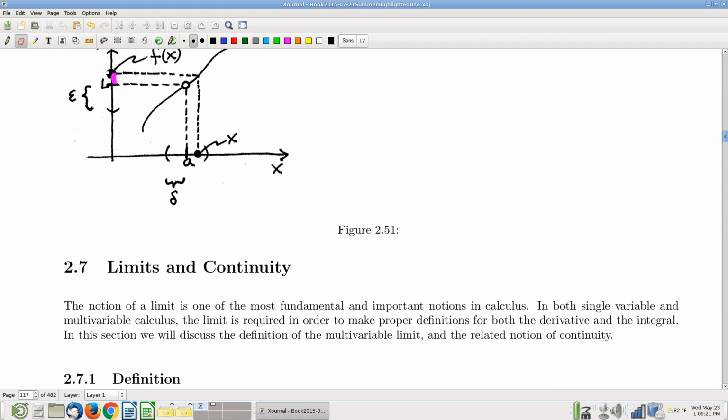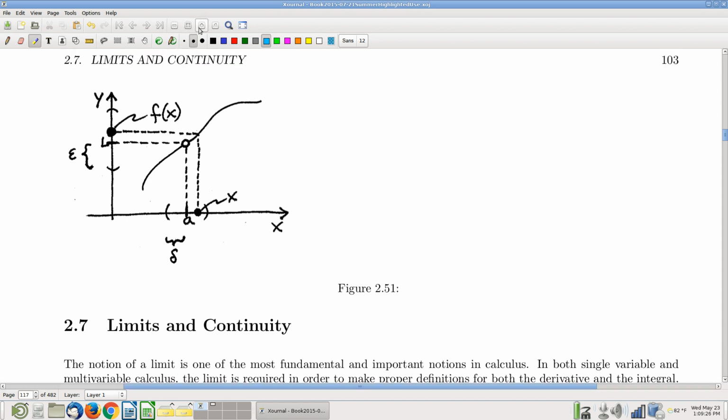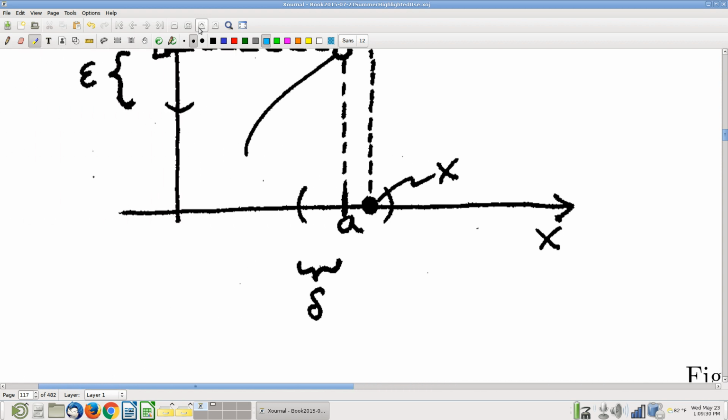Here, let me zoom in so I can draw focus better. I'm not responsible for all of these values of x. I'm only responsible for the ones where the distance to a is not 0.